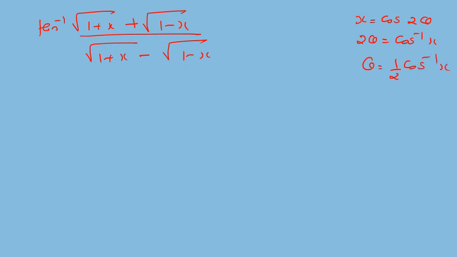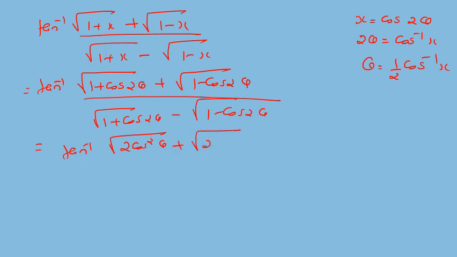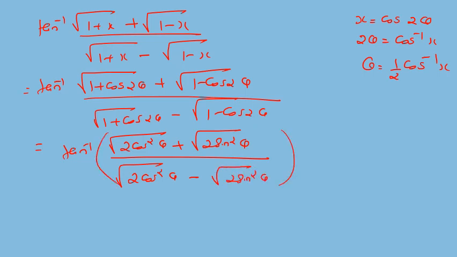So this becomes tan inverse of root of 1 plus cos 2 theta plus root of 1 minus cos 2 theta, divided by root of 1 plus cos 2 theta minus root of 1 minus cos 2 theta. 1 plus cos 2 theta is root of 2 cos squared theta, and 1 minus cos 2 theta is 2 sin squared theta, so we get root of 2 cos squared theta minus root of 2 sin squared theta.